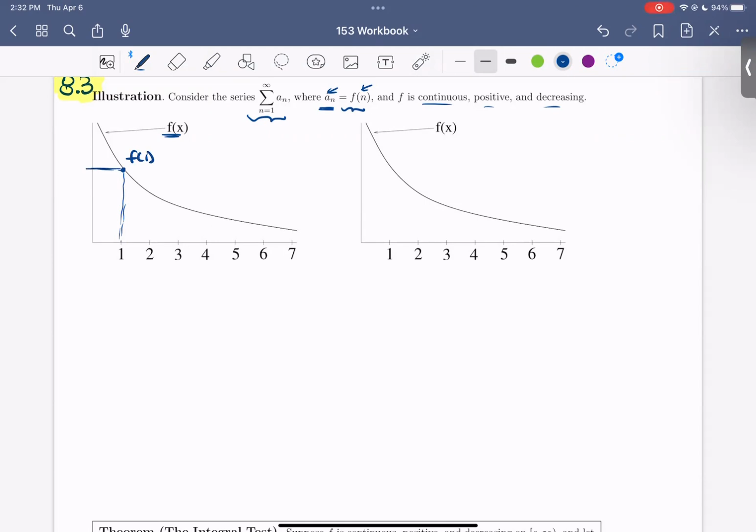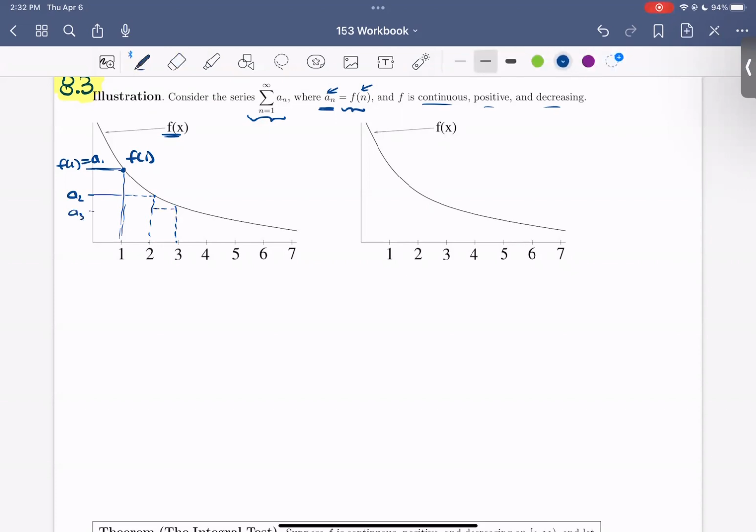That's f of 1, which is equal to a sub 1, because that's how we're creating f: the function whose values at those integers are the terms in my series. Then at 2 we're going to have a sub 2, and at 3 we're going to have a sub 3.